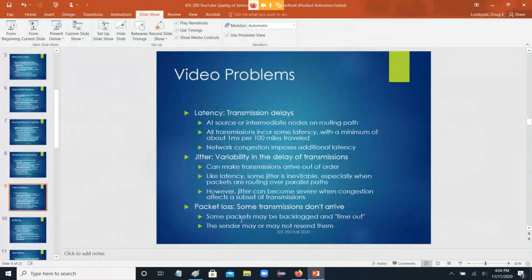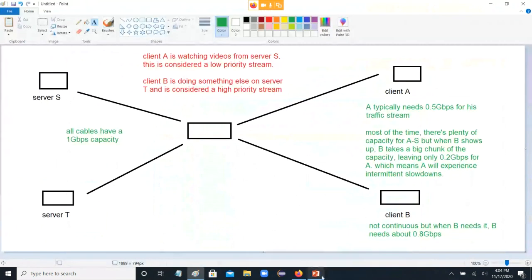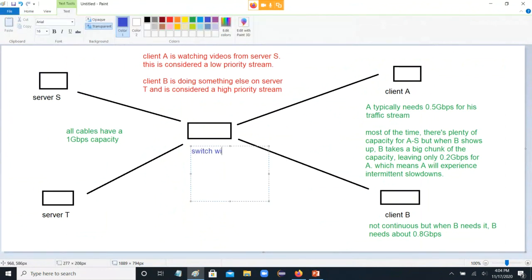Last one, packet loss. So in packet loss, some transmissions don't arrive at all. Well, what happens? Let's talk about how that works. So suppose what we have here, this is a switch with some available memory to store incoming packets, right?